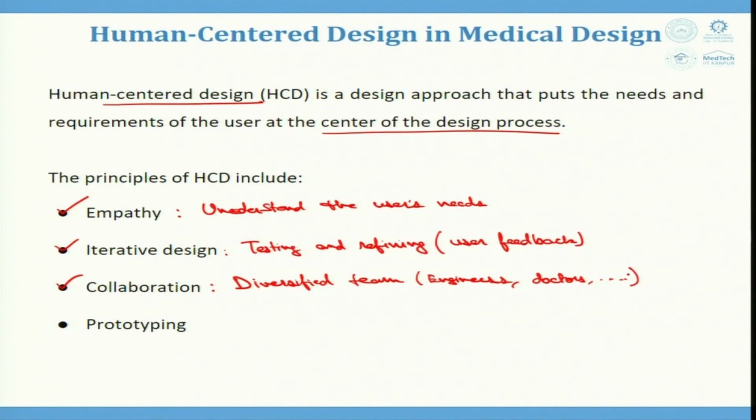Then comes prototyping. Prototyping means building and testing physical or digital prototypes to get feedback from the users. Physical prototyping, we will discuss rapid prototyping, rapid manufacturing, or additive manufacturing techniques in the next week of this course, where we will see how these days, if you have something on your mind, you can scan it and get a 3D printout of it, just to have a feel of what this product would look like.